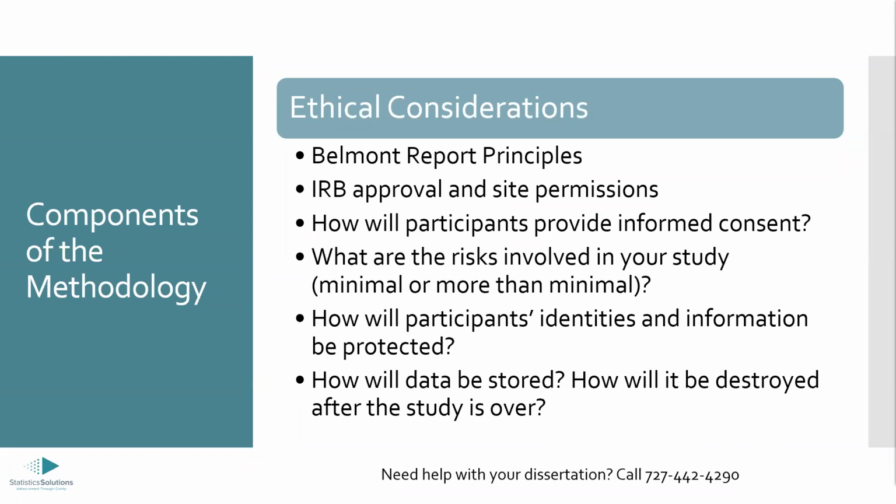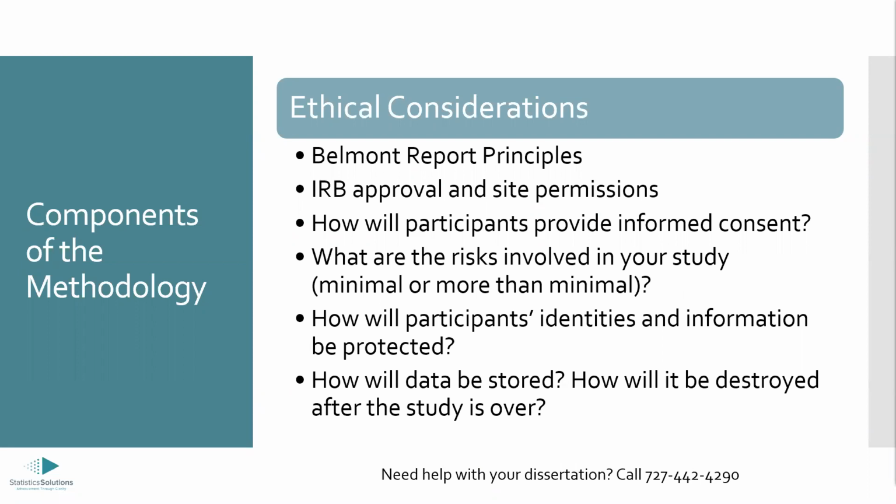You'll want to talk about things like how participants' identities and information are going to be protected. So you'll want to talk about issues such as anonymity and confidentiality. Generally, in qualitative data collection, it's hard for participants to be completely anonymous, because if you're going to be sitting down and interviewing participants, you'll know who those people are, but you should still take steps to ensure that their data are going to be protected and kept confidential.